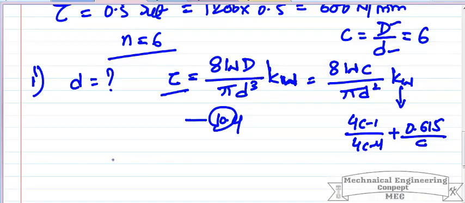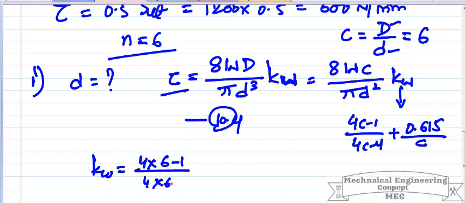C is known to us, then Kw will come out as (4 into 6 minus 1) divided by (4 into 6 minus 4) plus 0.615 divided by C.